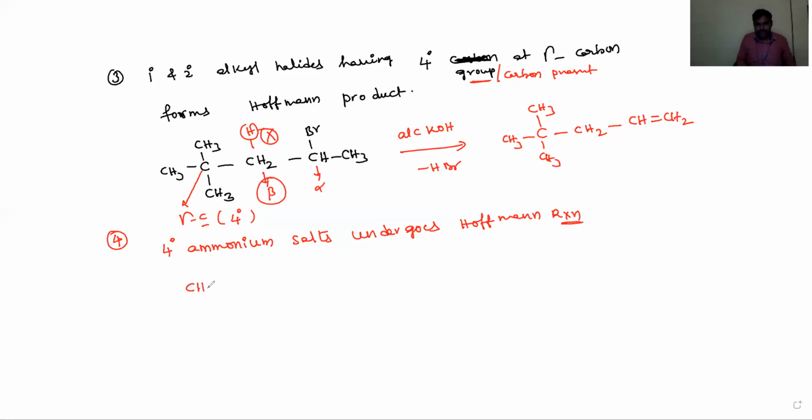For example, a CH3 group is present, like here CH3CH2 bond N bond CH3, and here CH3 and CH2 bond CH2 is present, with the positive charge and Cl minus, a quaternary ammonium salt.